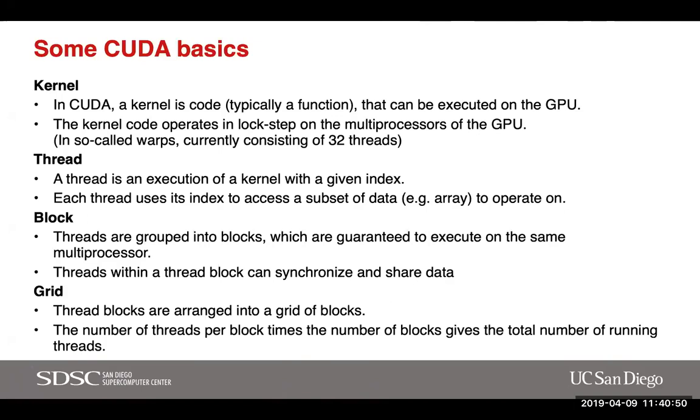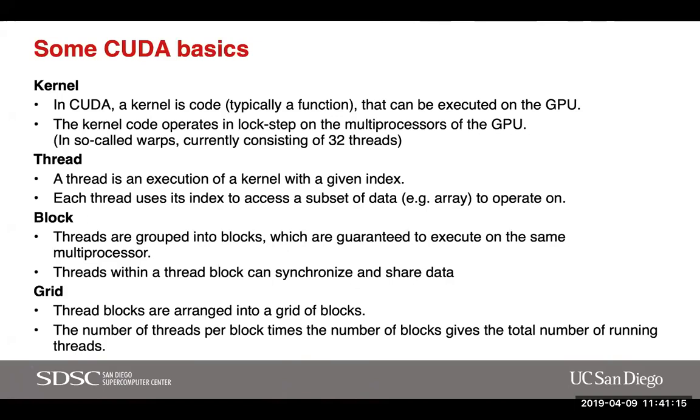The size of a warp is not guaranteed, but it has been 32 throughout the history of NVIDIA GPUs so far. A thread is an execution unit of a kernel that has a given index attached to it to identify each thread. Each thread can use these indices to access a subset of data to operate on.